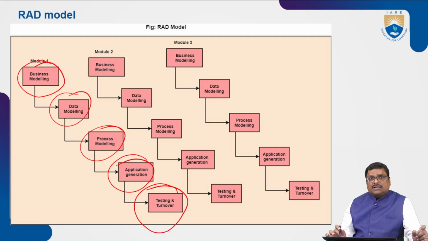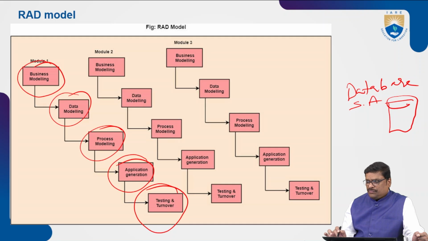The challenging activity in any process model is how you model the database. In any software system, as per the software architecture, the database will have one type, like we have a front end and a middleware.